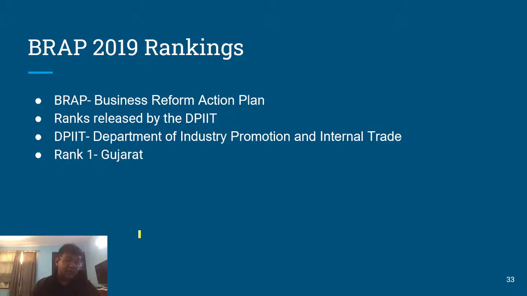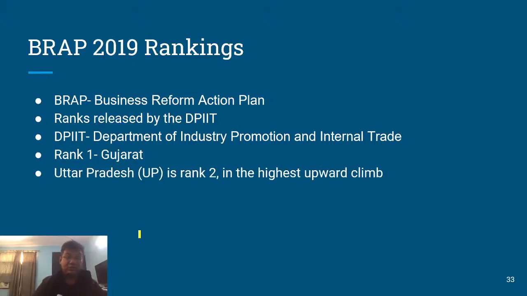Rank one is Gujarat in terms of ease of doing business. Last year, I believe Gujarat has been among the toppers for a while, but the likes of Andhra Pradesh and Telangana have also been doing very well. I guess they are also among the toppers, but the biggest gainer this year, with a remarkable tale, is Uttar Pradesh. We tend to think of Uttar Pradesh as one of India's poorer states.